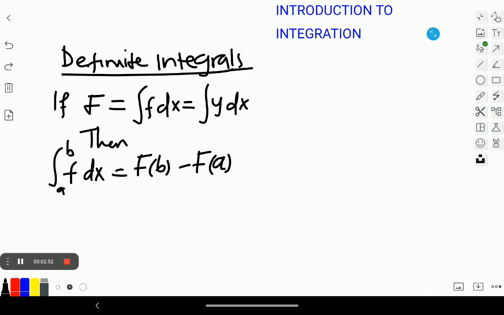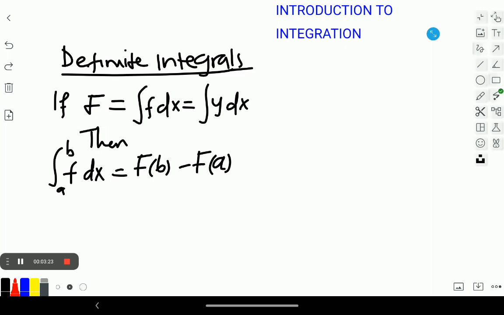So now let us look at the definite integrals. If we have a small function f, and we integrate it, we get capital F, the general integral of the whole function.